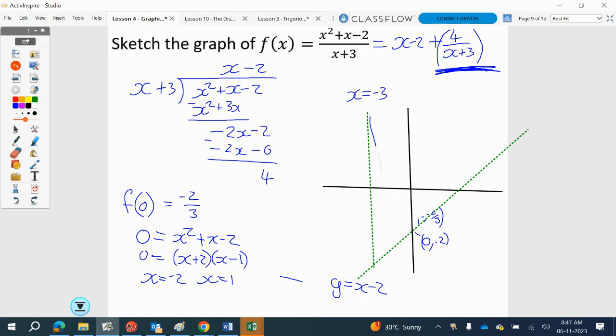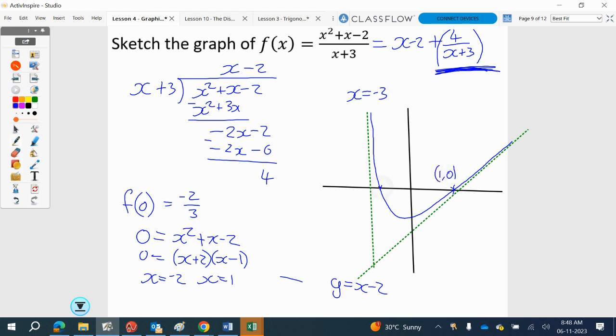Let me just make this look pretty. So these are our two asymptotes. Our function. So this point was, what did we say it was? 1, 0.